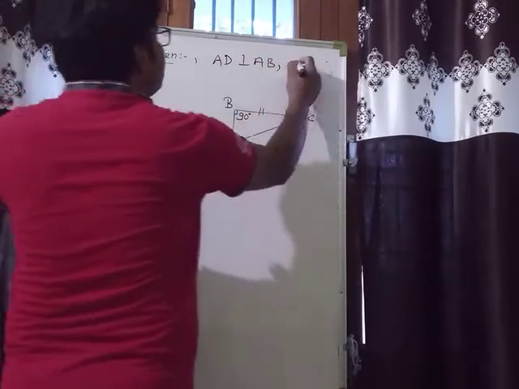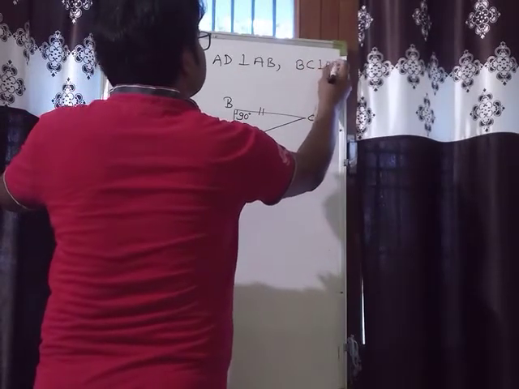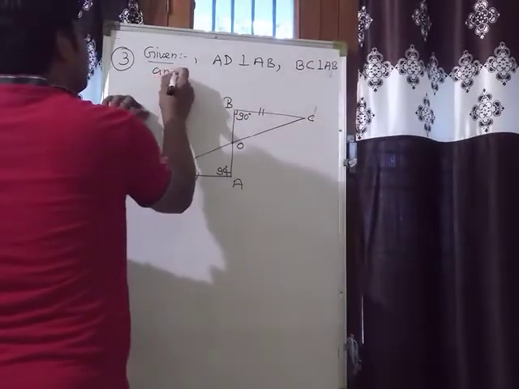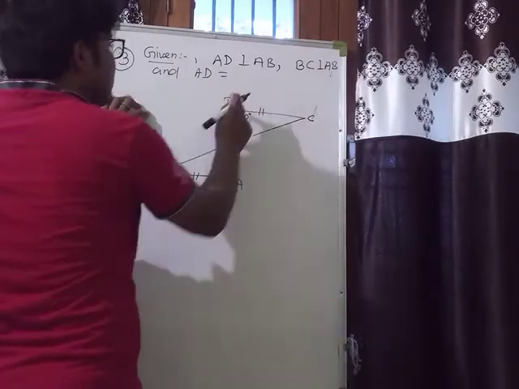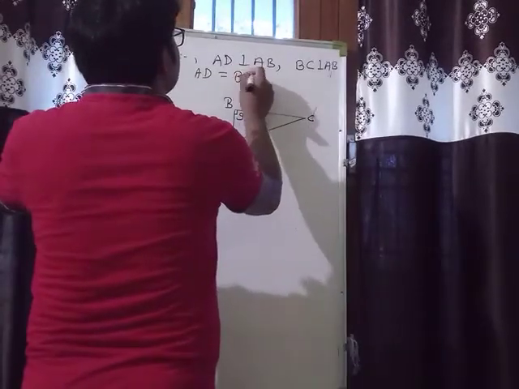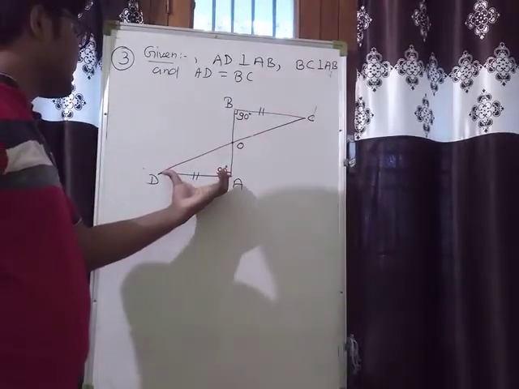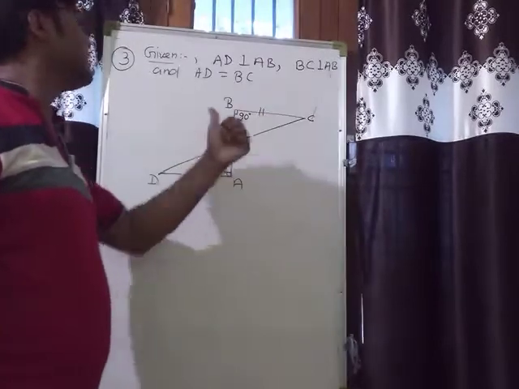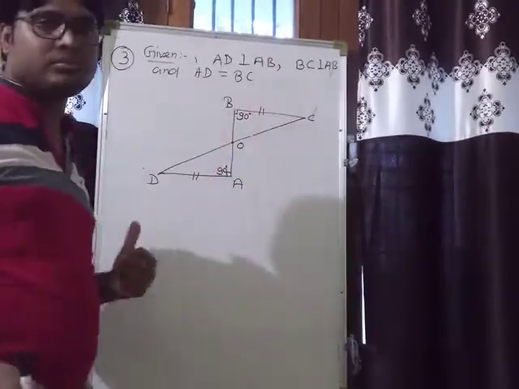Also, this BC is perpendicular on AB. And AD equal to BC. The length of these two sides, AD and BC, are equal in length. Means this is 5 cm, so that is also 5 cm.